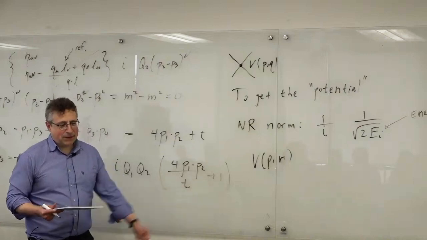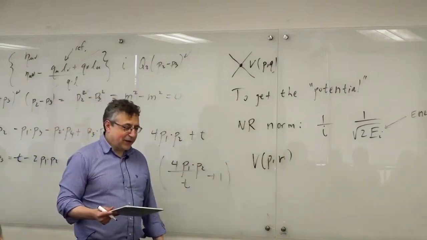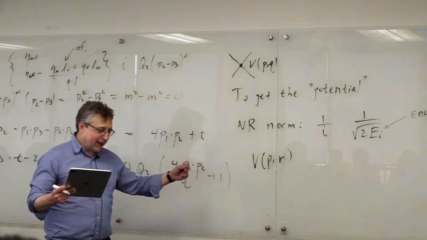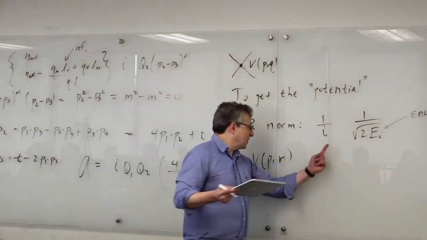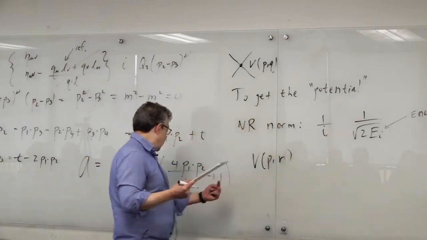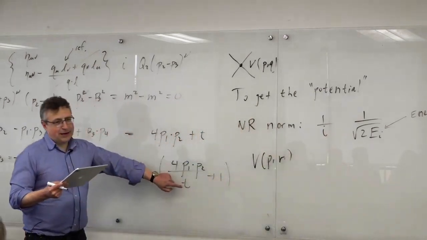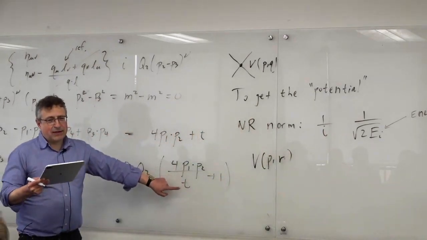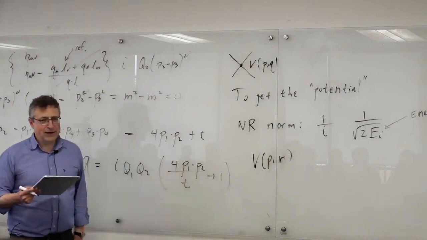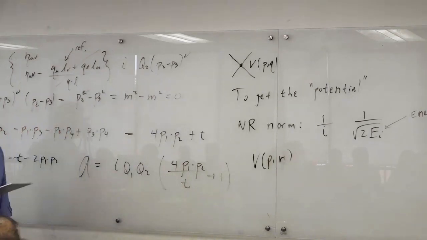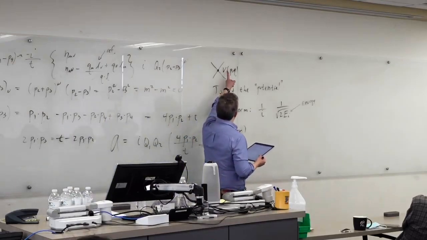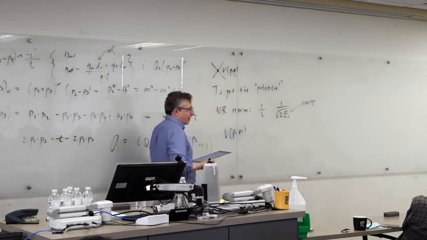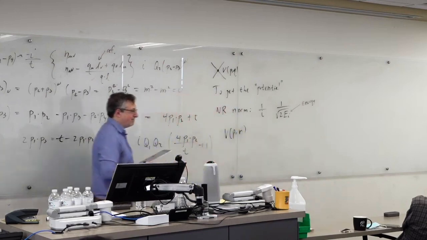And you can't escape the fact, no matter how you twist and turn, that it's a long distance 1 over R potential, which you have to match to the Fourier transform. It's just the 1 over R that'll match the 1 over T after the Fourier transform. And it's in there for the completely stupid reason. If I say this is that, up to the normalization, there's my 1 over T.